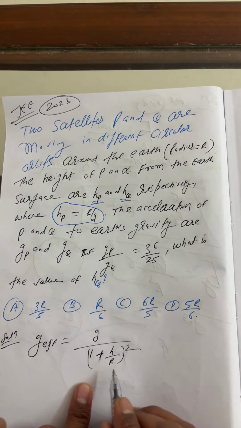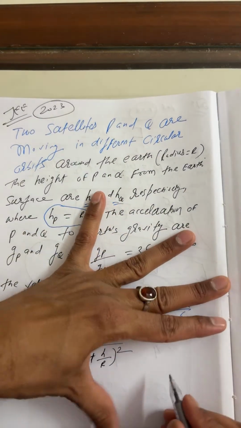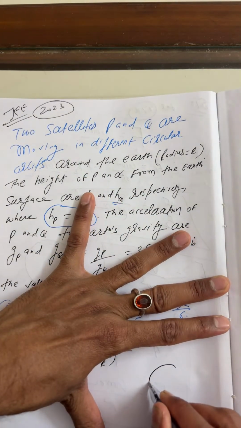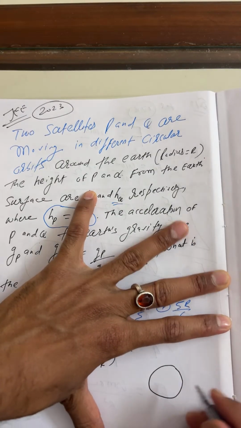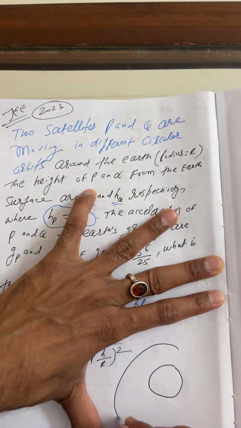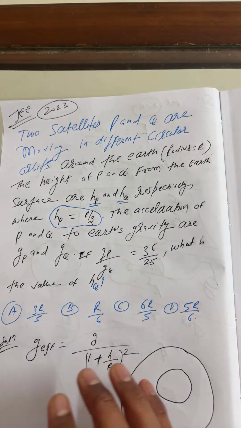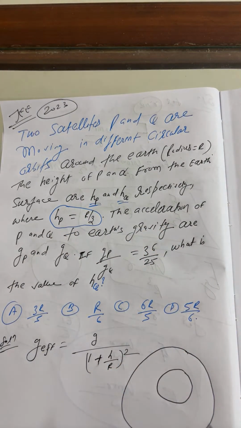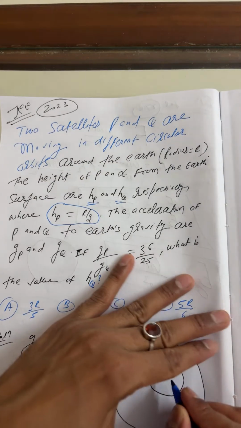One thing is common for this kind of question: you can make a diagram, a basic idea. So there are two satellites, P and Q, and they are revolving.